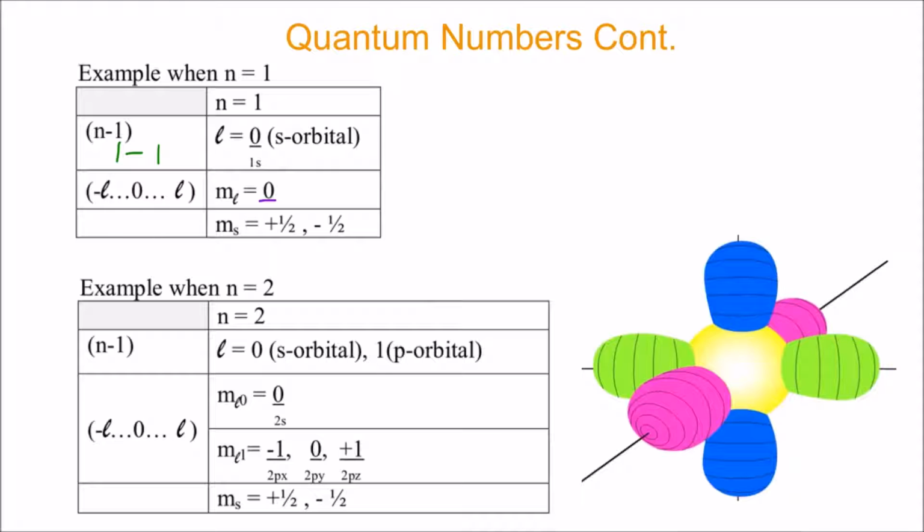So one is up and down, one is side to side, and then one is coming out towards you and going back away from you. And so just like before, each of these would be able to contain 2 electrons because every orbital contains 2 electrons. And so that makes up all 8 electrons of the second energy level.